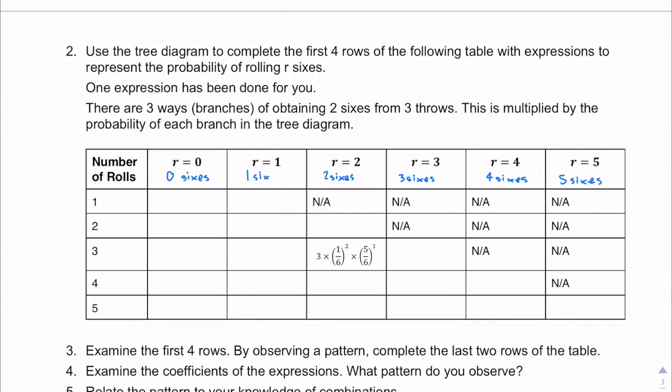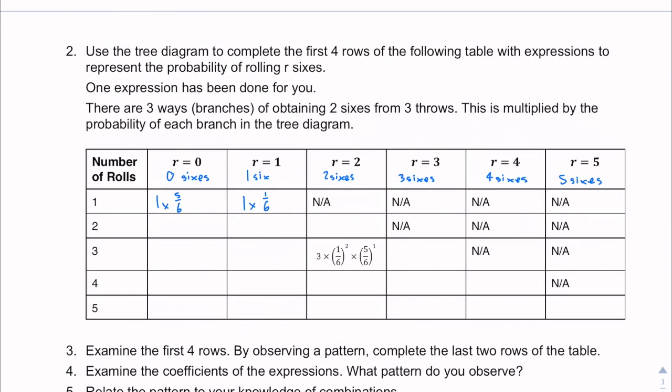So there's one option, and the probability was 5/6, wasn't it? Okay. What if we had one roll and we got one 6? Well, this time it's going to be one roll and we've got 1/6 probability.